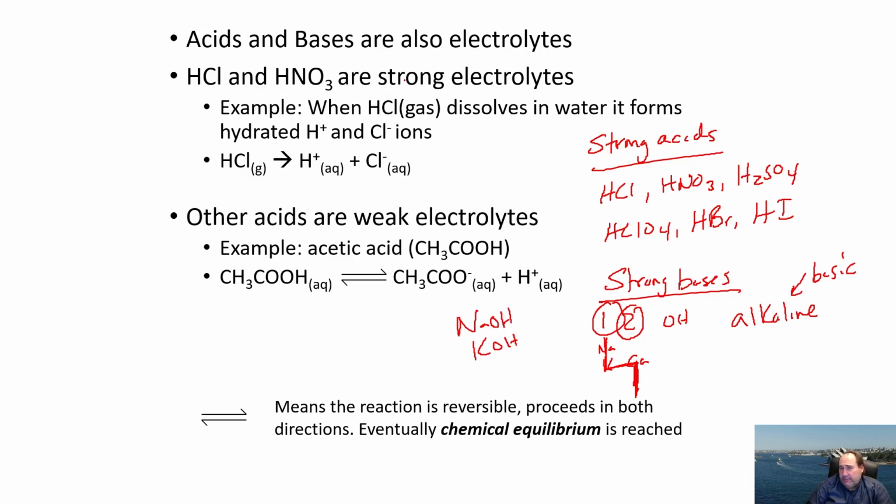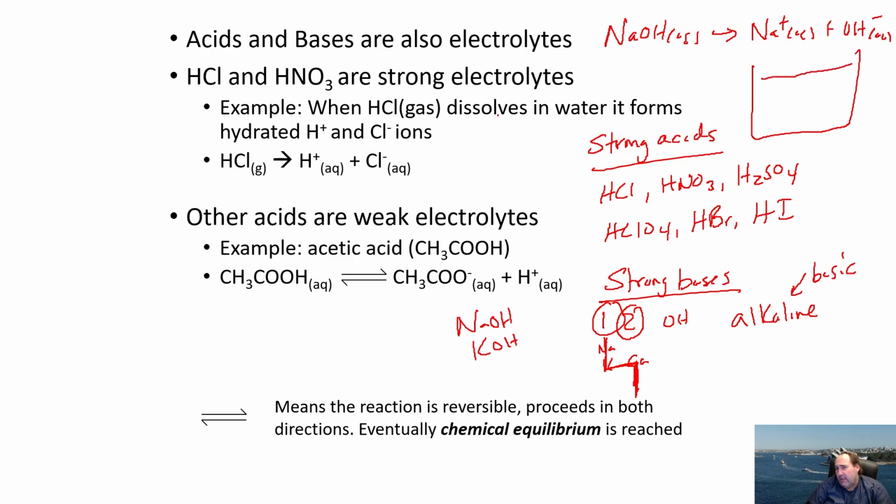So if you had something like sodium hydroxide, which is a strong base, also a strong electrolyte, when it's in solution, it will 100% break apart into sodium ion and hydroxide ion. And that's essentially why it's considered a strong base.